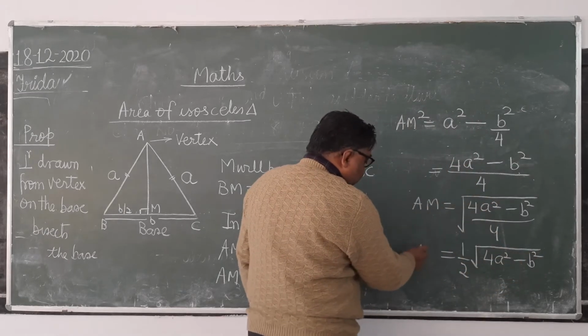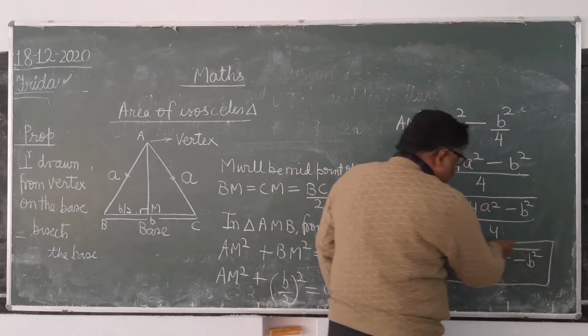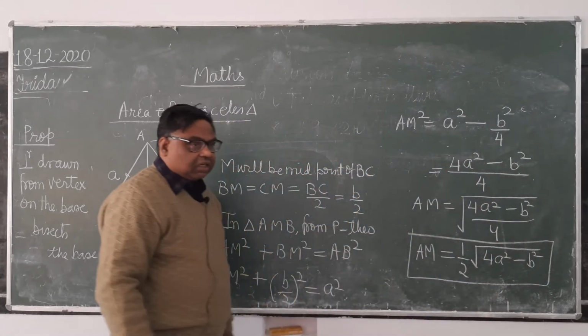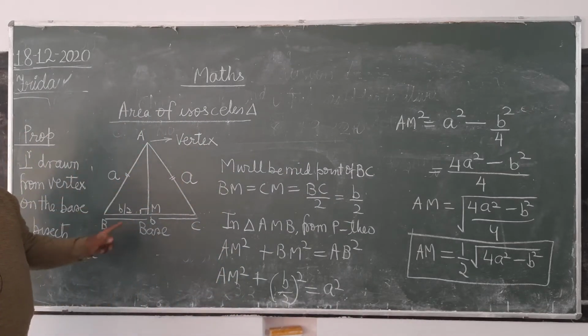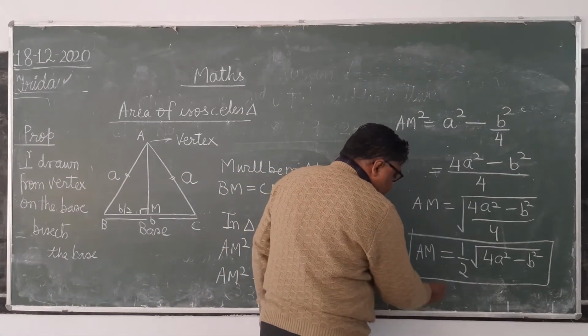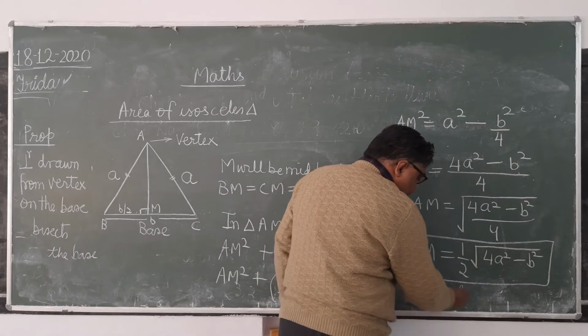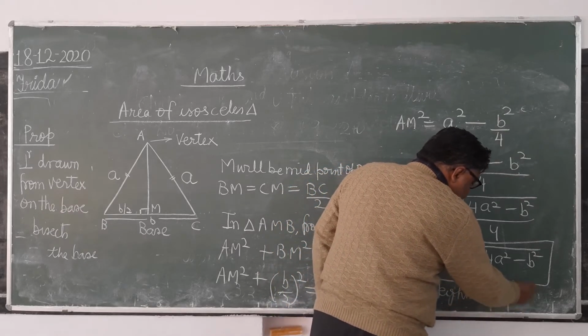This is AM, and this is the height of the isosceles triangle, because I have told that AM is the height of the isosceles triangle. So this we also call the height of an isosceles triangle.